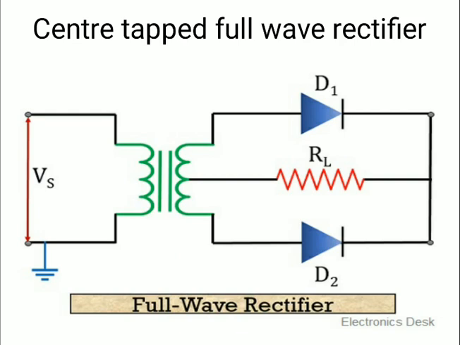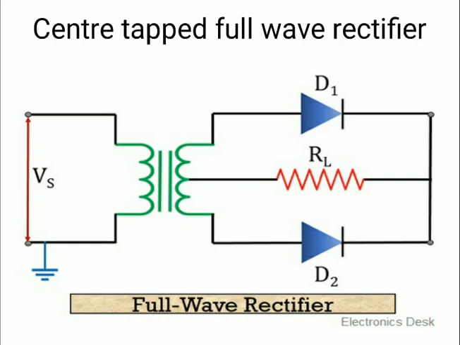In the secondary winding there are three terminals. One terminal is connected to the anode of the diode D1, the last terminal below is connected to the anode of D2, and the middle one is connected to RL. That is the center tap, which is connected to the load resistance.